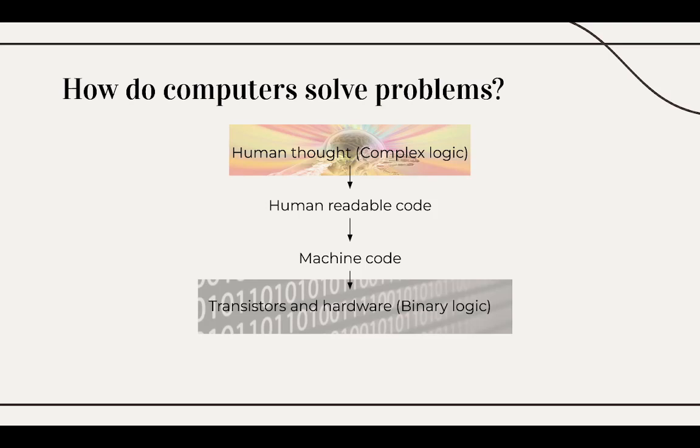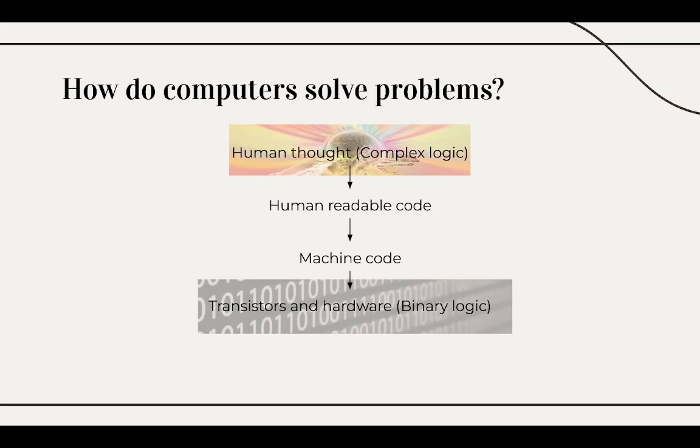And you could basically write those strings of ones and zeros yourself, but that's very difficult for humans to do. So we have designed another thing, which is human readable code, which are the different programming languages and the different ways we can interface with computers.